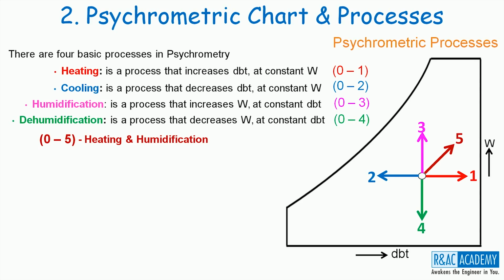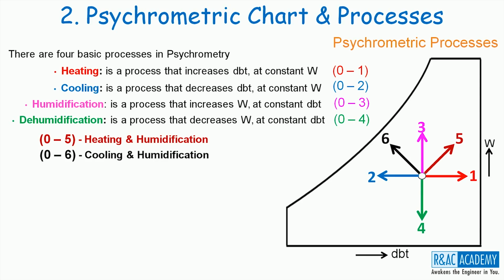Whenever the state of the moisture is moving along 0,6 line, then the state is moving towards left, hence cooling, and moving up, hence humidification. Therefore, cooling and humidification is the process undergone by the moisture here.